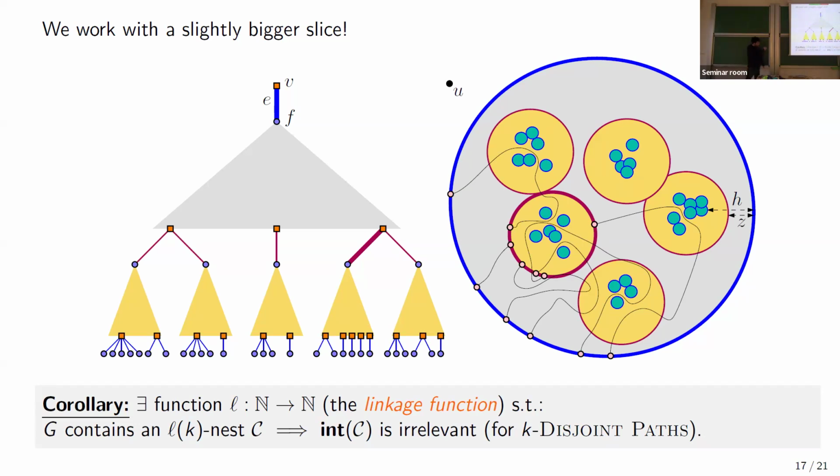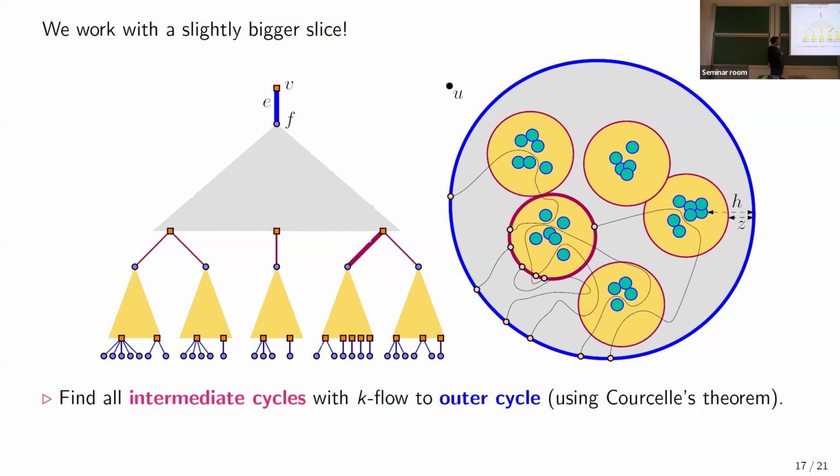Once this happened, now I'm very happy because I can pinpoint all intermediate cycles, all red cycles that have a k flow to the other cycle by just looking in this slice. I don't have to look at what happens in the future. By just restricting myself to this slice, I can check if I have a flow or not.